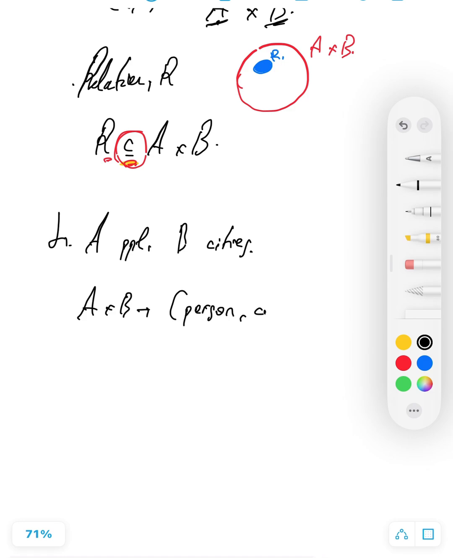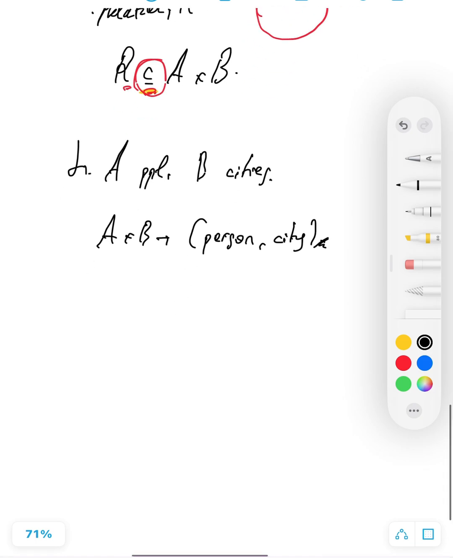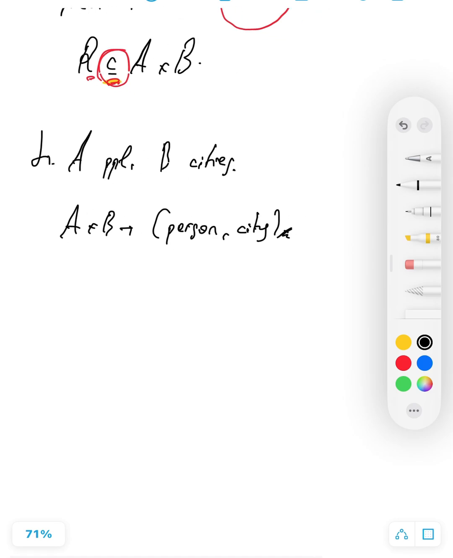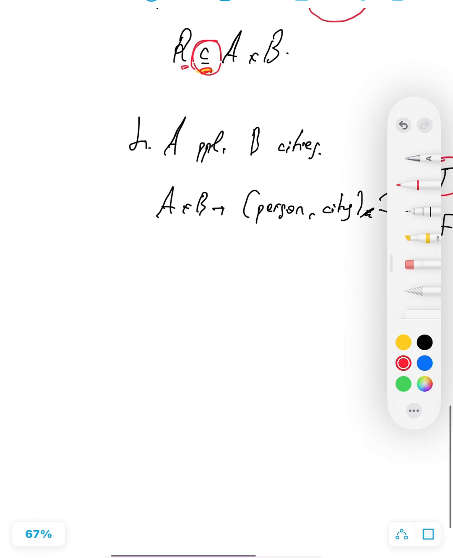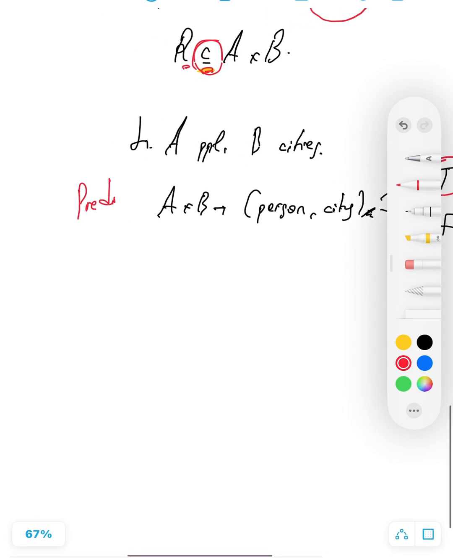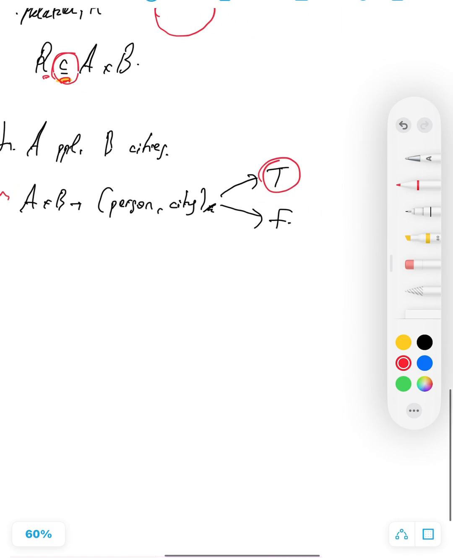So this represents the ordered pair. And that condition selects some ordered pairs and rejects the others, right? So the selected pairs, the ones that correspond to true, this is like a predicate, we're creating a new predicate, is going to correspond to this relation. It's going to form a relation, okay?